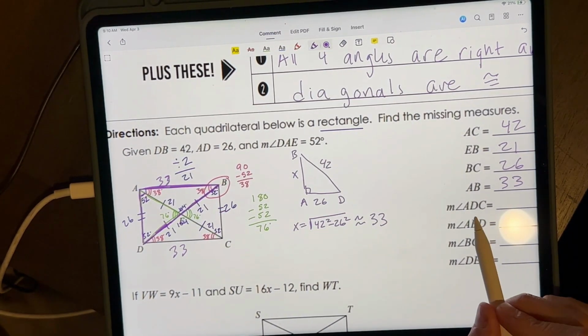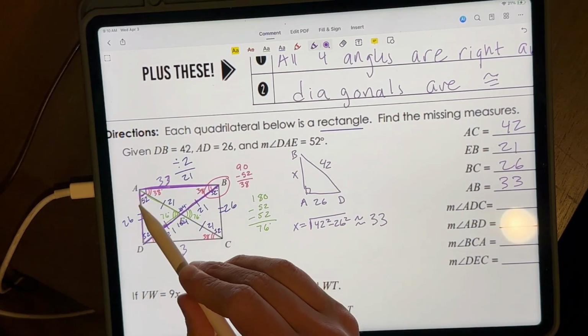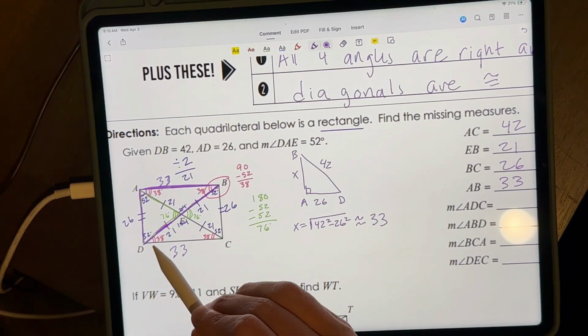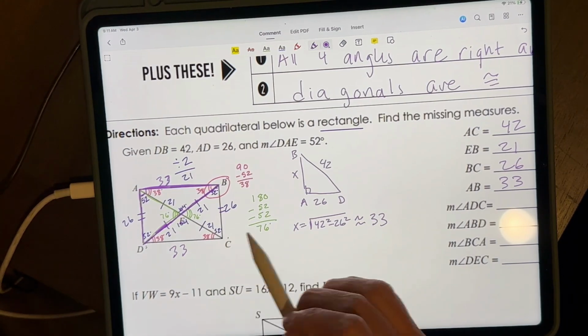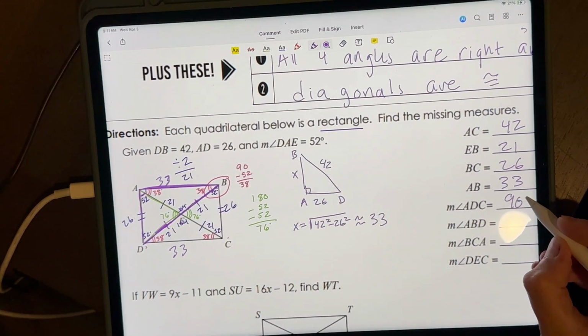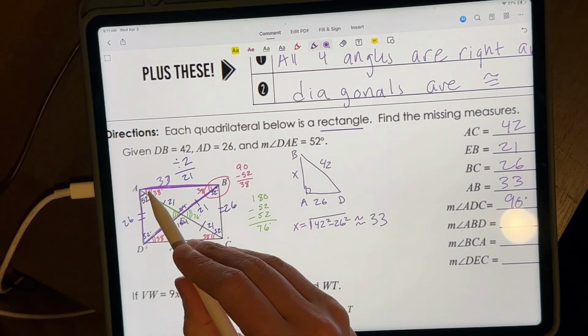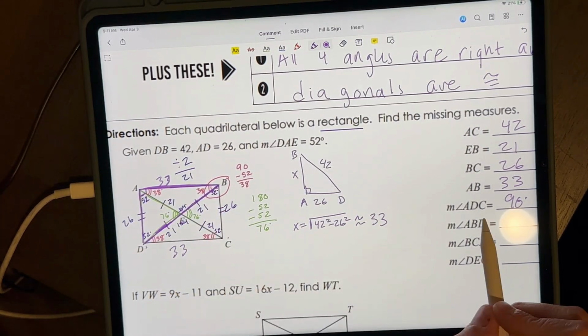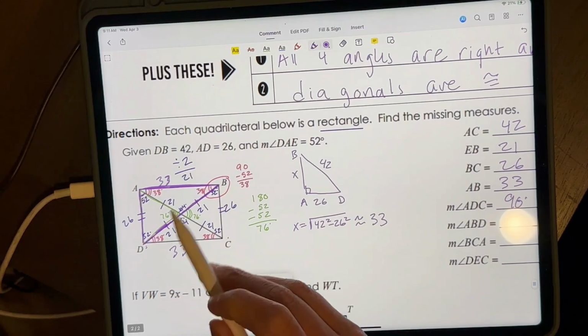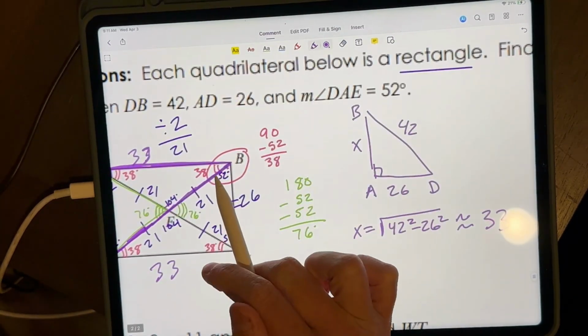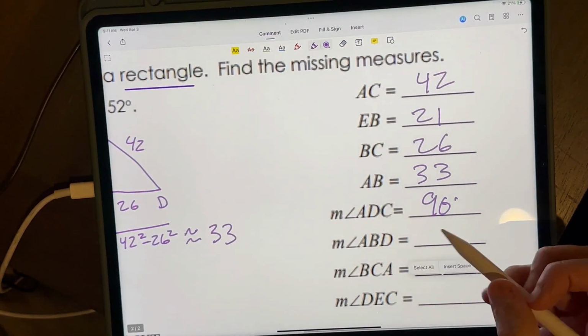Follow the path. Start at A, walk to D, walk to C. A to D to C, that's the right angle. That should be 90. A, B, D. So A to B to D. B is in the middle. So from A to B to D, that is that little pink angle right there, which we found was 38.